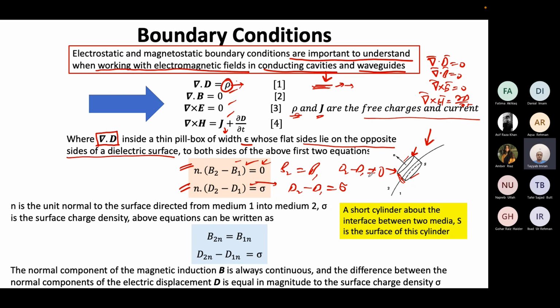They may change their form when they enter from one medium to another medium. They may change their strength. They may change their direction. ठीक है. And n का आपको पता ही है, that is normal to the pill box here. ठीक है.